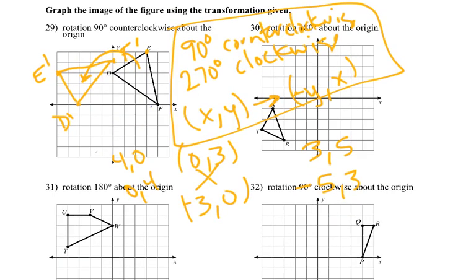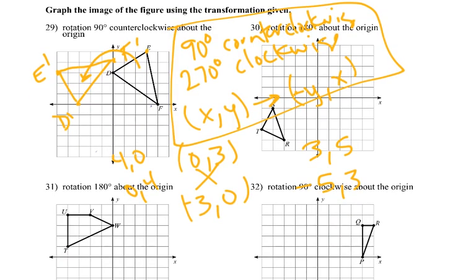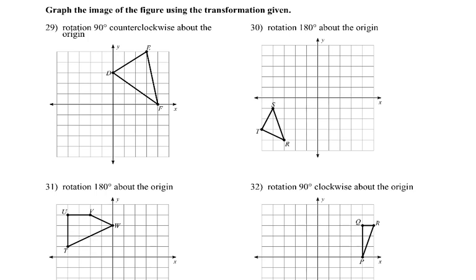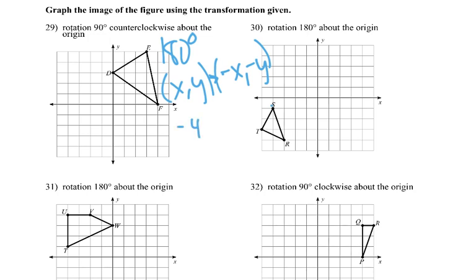Okay. So let's take a look now at 3. 180 rotation. These ones are really nice because for the 180, it doesn't matter if it's clockwise or counterclockwise, 180 is still going to take you to the opposite quadrant. So for 180, our xy coordinates become negative x and negative y. So this one right here, S, is negative 4, negative 1.